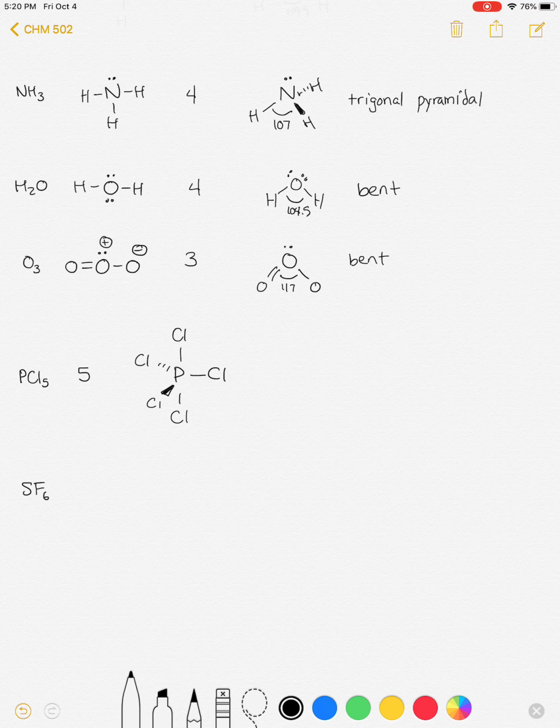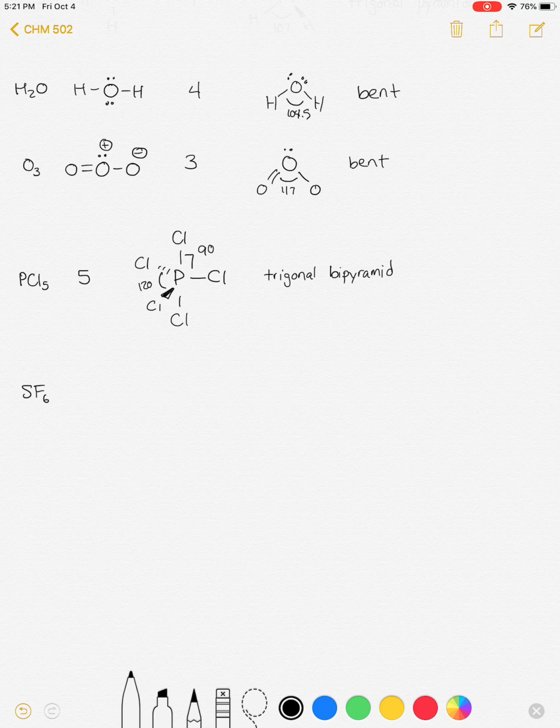The bond angle is 120 degrees between the chlorines in the triangle plane, and 90 degrees between the axial ones and the ones in the plane. The shape is trigonal because of the triangle plane, and bipyramidal because we're making 2 pyramids.